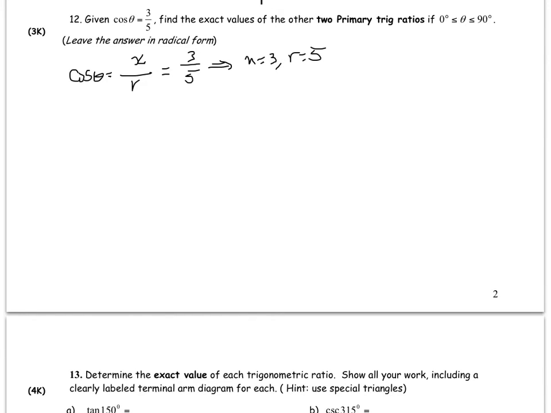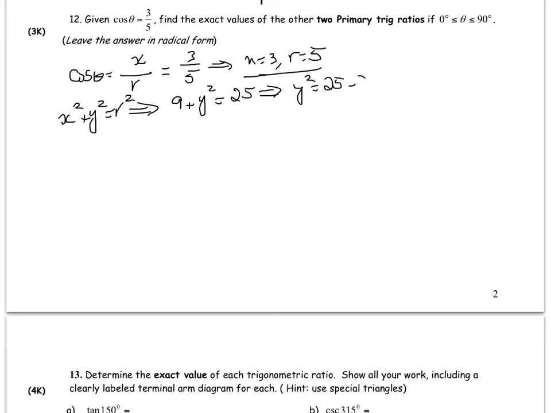So by using the formula that says x squared plus y squared is equal to r squared, I sub these values here, I get 3 squared, which is 9, plus y squared is 5 squared, which is 25. So y squared is 25 minus 9, which is 16. So from here, y is plus or minus 4.